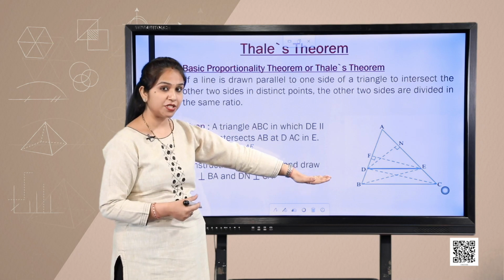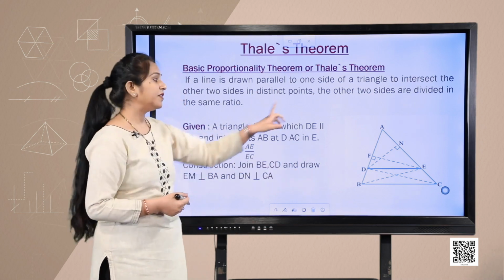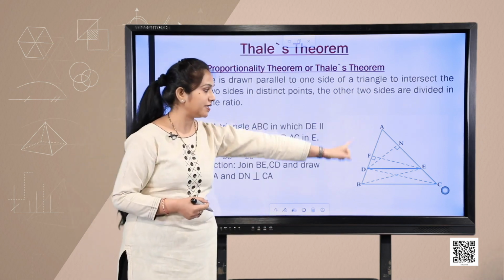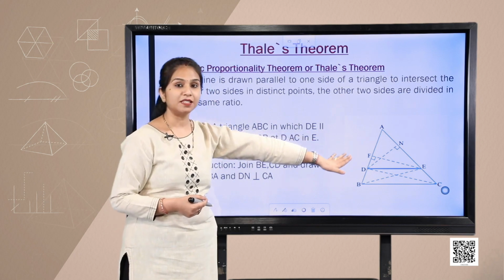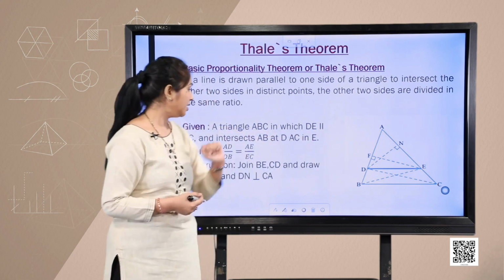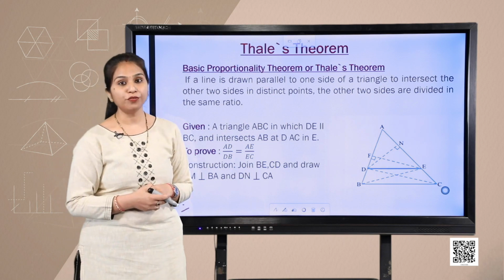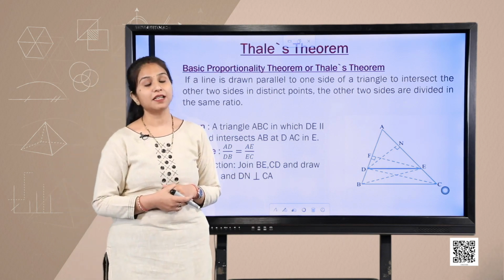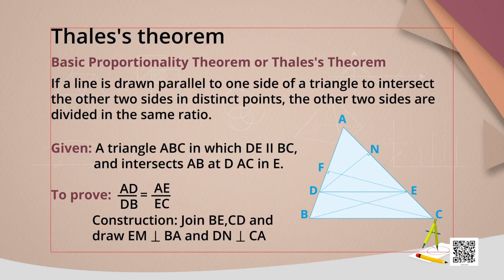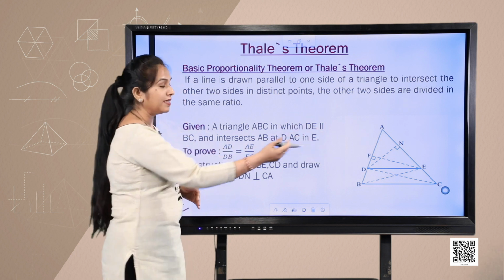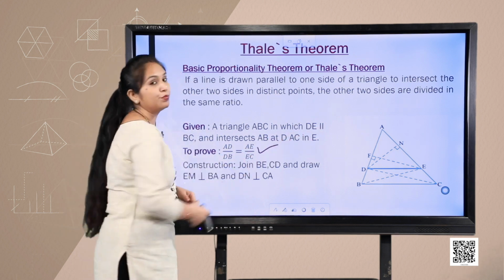These are the things given to us, and it will intersect AB and AC at two distinct points, that is point D and point E. And what we need to prove is that it divides the other two sides in an equal ratio, means we have to prove AD upon DB is equal to AE upon EC. This is what we have to prove.